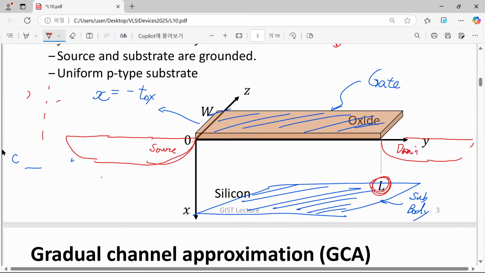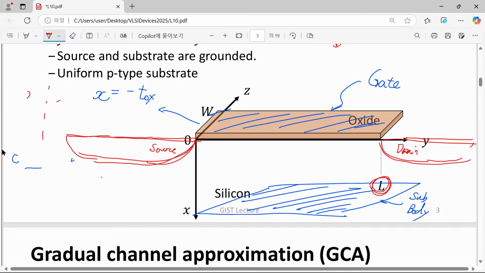When we scale down the channel length as much as possible, the channel length, source length and drain length are really comparable. So we have a considerably long source, a considerably long drain, and a similar length of gate. This is the real situation for the shortest device.